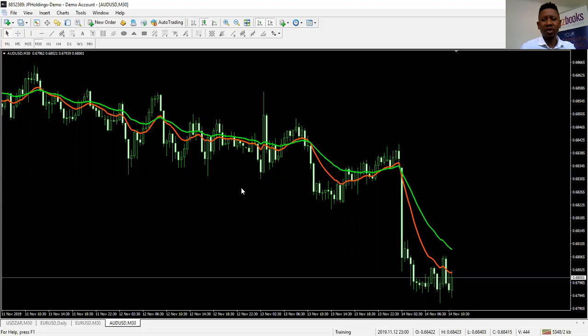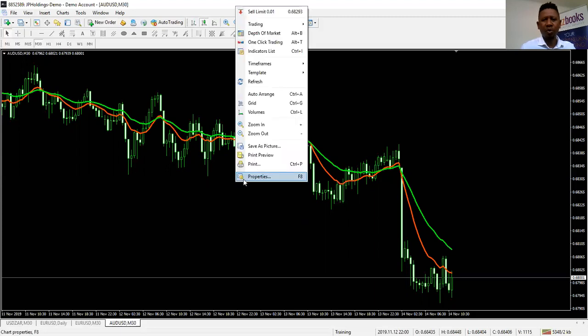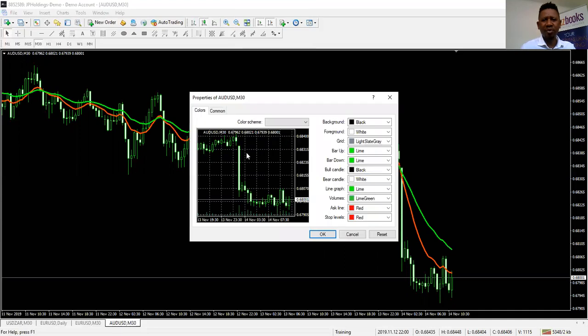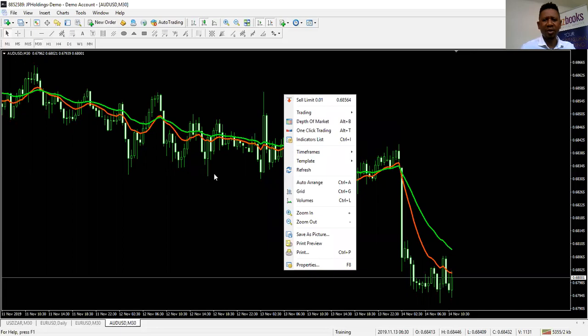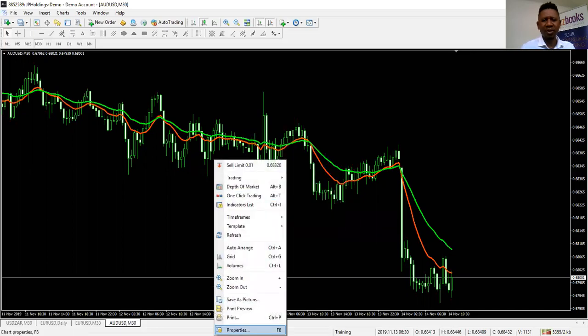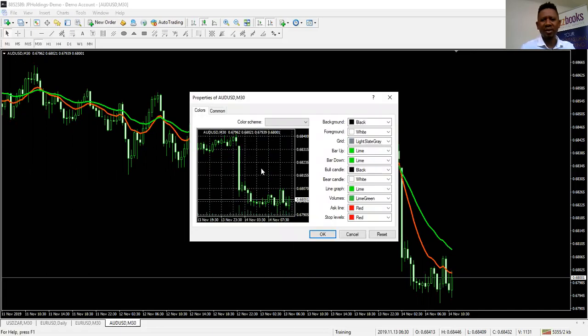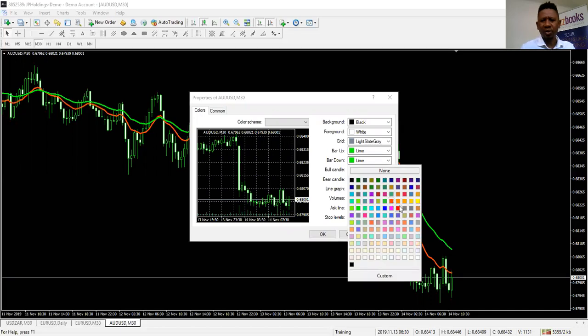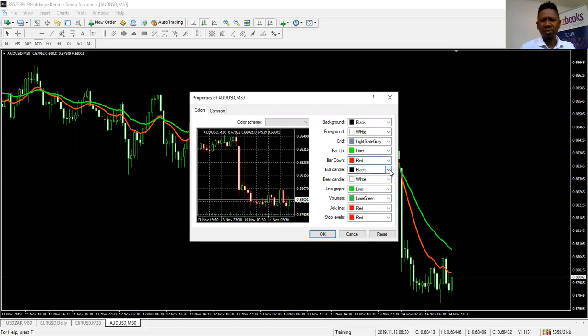Please note, if you want to change the colors of your charts, if you don't like white colors, you can right click anywhere on your chart, go to properties, and then choose the candles that you like. I want the candles that go down to be red, and the ones that go up lime.